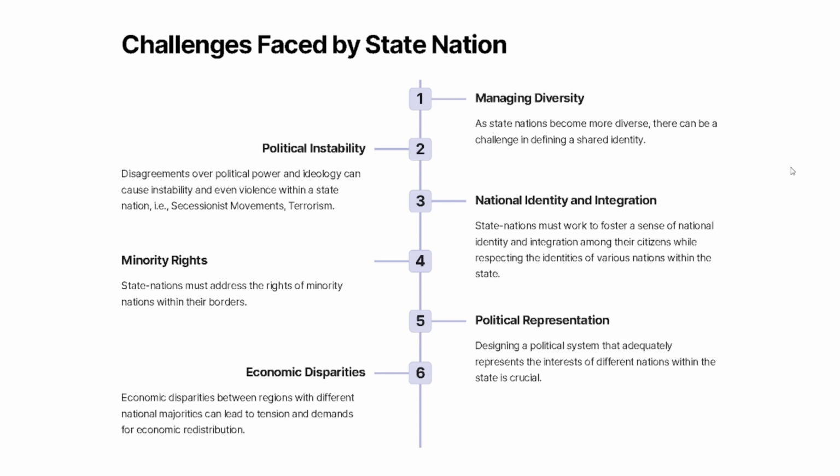Third challenge is national identity and integration. Obviously, state nations must work to foster a sense of national identity and integration among their citizens while respecting the identity of various nations within the state. Fourth one is obviously minority rights, where minorities sometimes have less representation in the political arena.